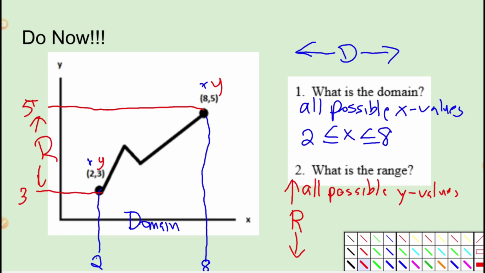So x has to be greater than or equal to 3, less than or equal to 5. Okay, so hopefully that GeoGebra app helped us out. And we're going to need this concept for today's lesson. Really, we only need the domain, but I wanted to show both of them because you shouldn't do one without the other.